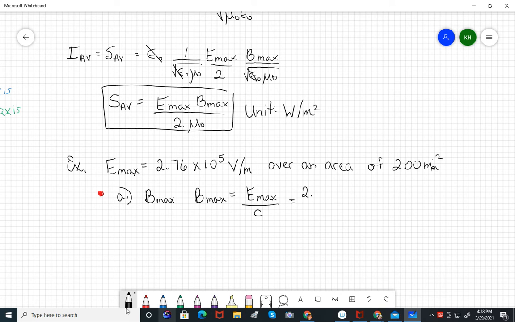So if I put 2.76 times 10 to the 5th volts per meter, and I divide that by 3 times 10 to the 8th meters per second, I'm going to get 9.20 times 10 to the negative 4 Tesla.